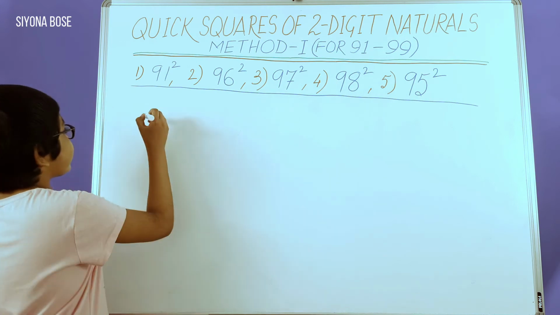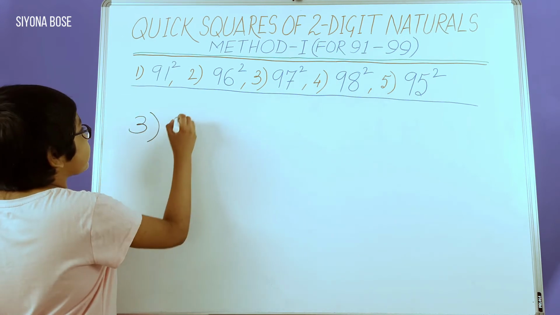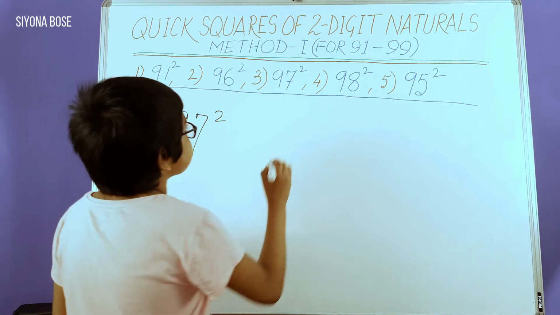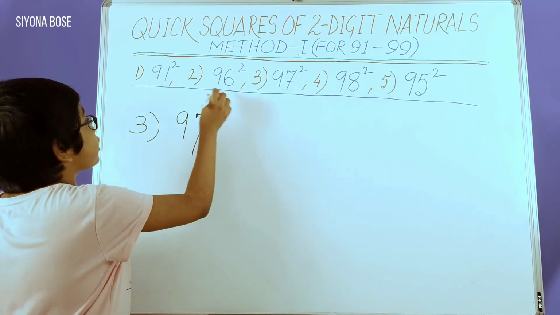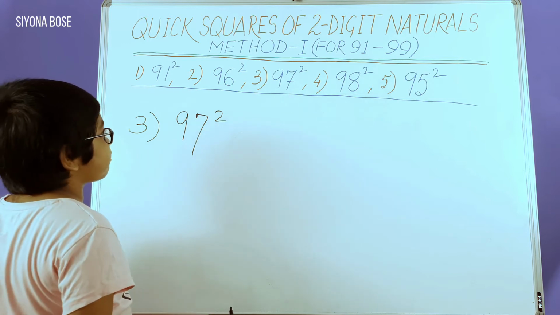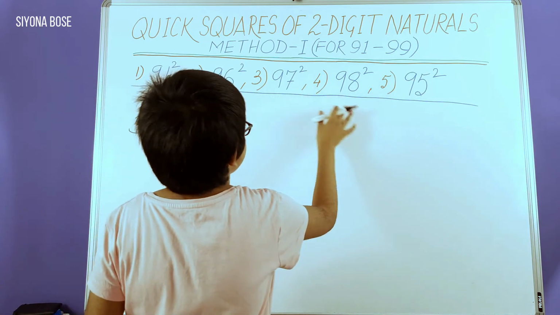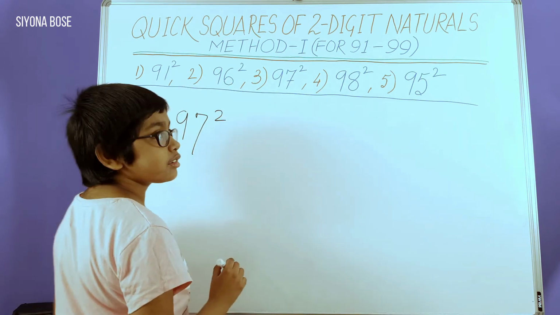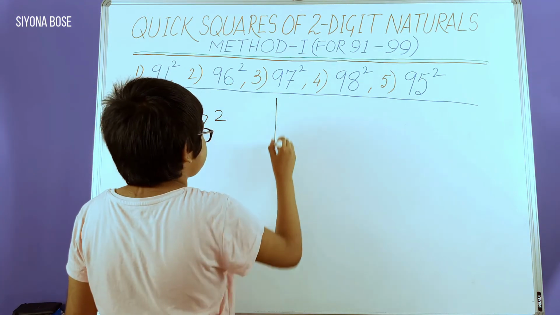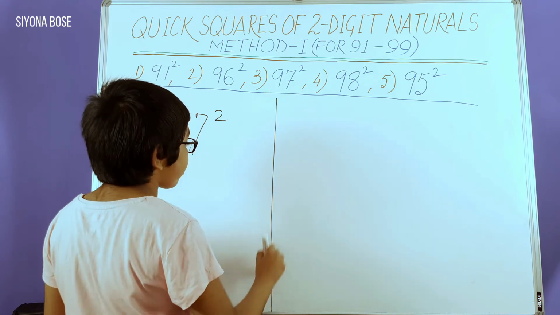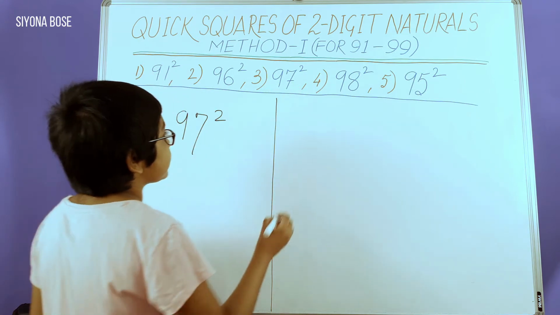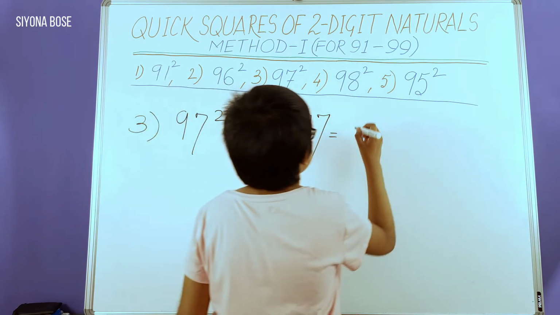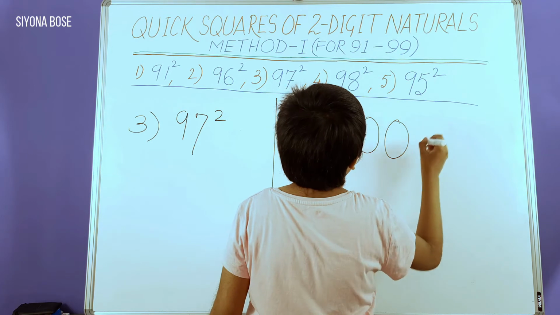Moving on to number 3, 97 squared. But remember, the first 2 went very fine, but for the next 2 we need to do something else, and the last one is totally different. We will come to that. I'm drawing a vertical line again for explanation. 97 can be represented in terms of 100 as 100 minus 3.